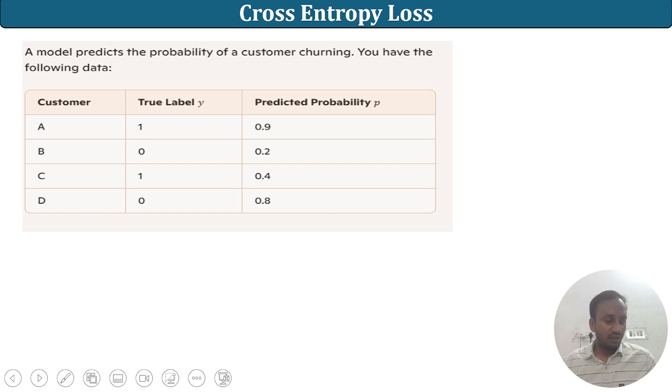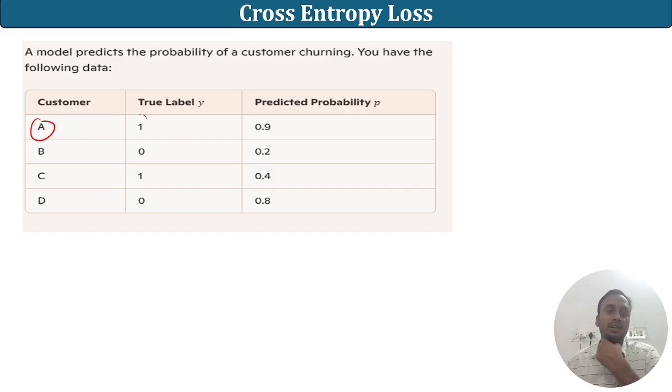So can we solve one problem? A model predicts the probability of a customer churning. You have the following data: a label is given and the corresponding probability. How can we get the results if we apply cross entropy?